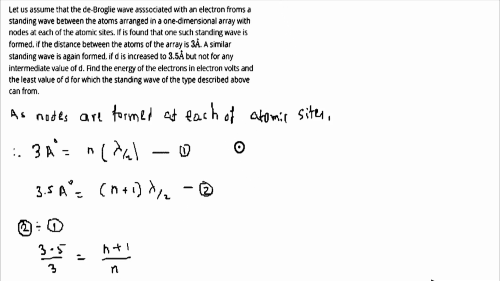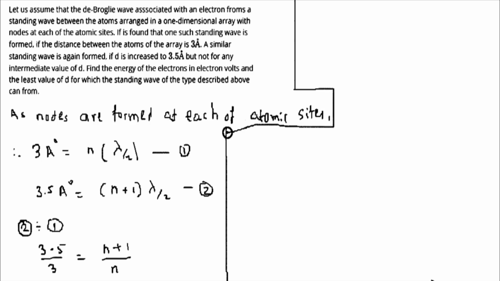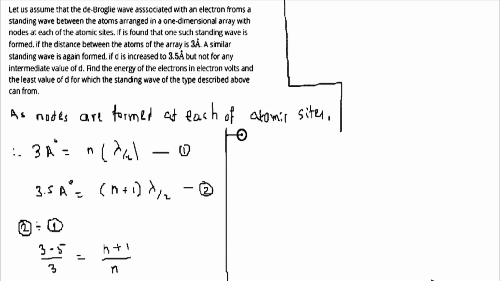Now if we solve this, we'll get 3.5 n is equal to 3n plus 3, so n is equal to 6.